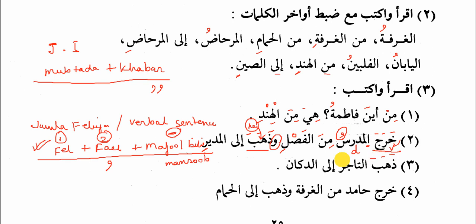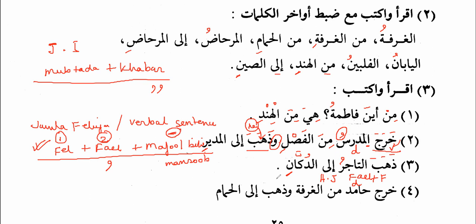ذهب التاجر. This is the fa'il, the doer, and this is the fi'l. So fi'l plus fa'il, then harf jar. I'm writing harf jar in abbreviation, and due to this harf jar it will have a kasra. Where did the tajir, the trader, go? ذهب تاجر إلى الدكان, to the shop.